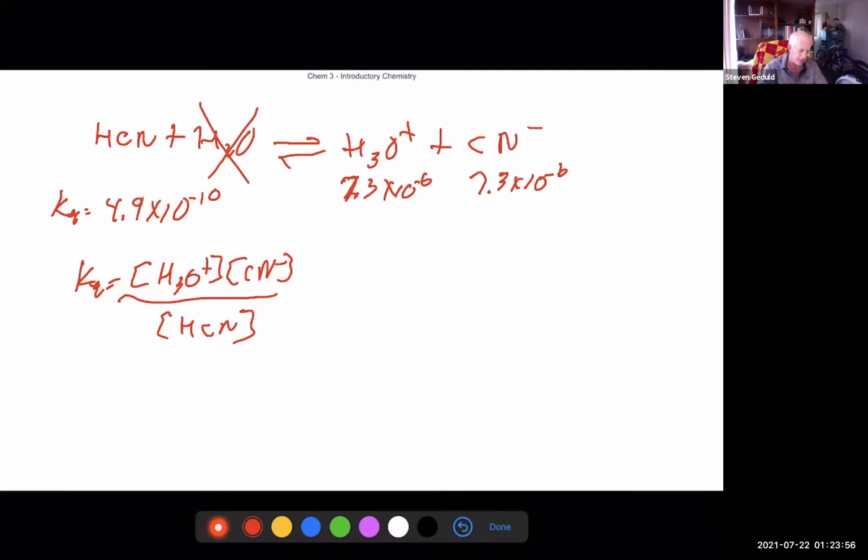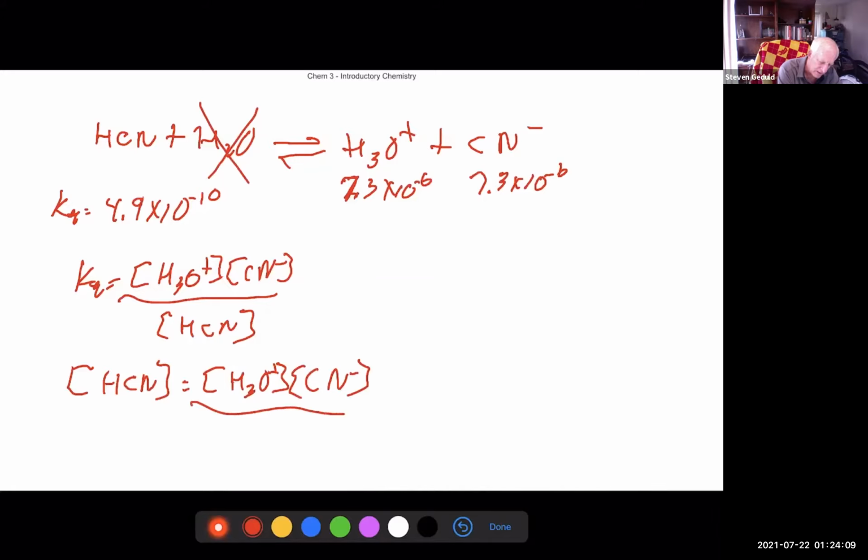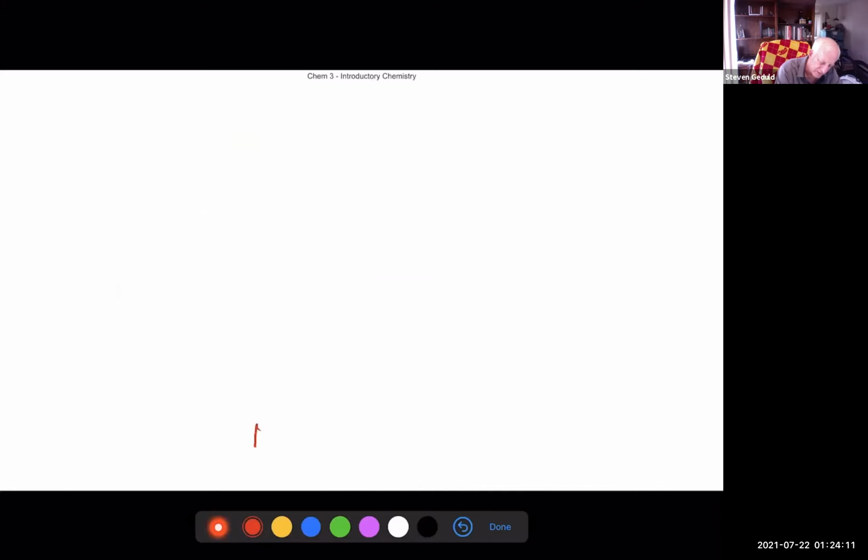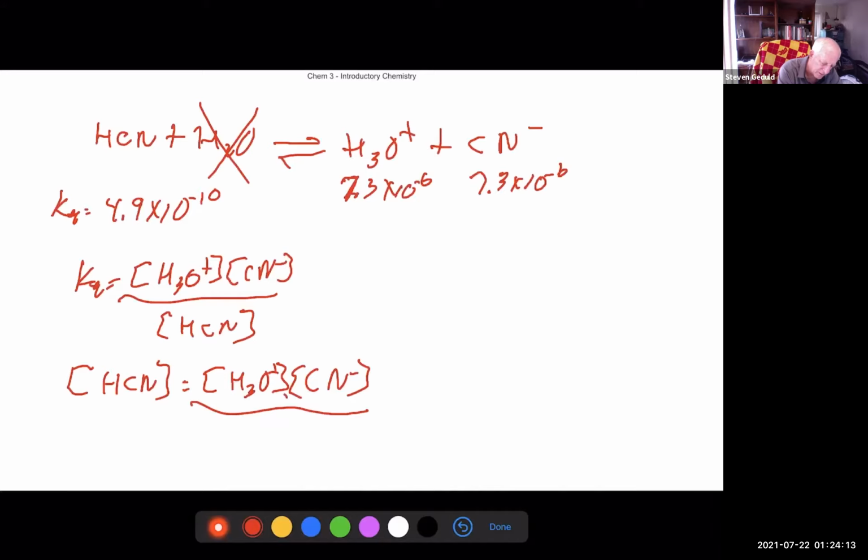The concentration of HCN is equal to the concentration of H3O plus times the concentration of CN minus, divided by the equilibrium constant. Just rearranging that algebraically. And the concentration of H3O plus, we said, was 7.3 times 10 to the minus 6.